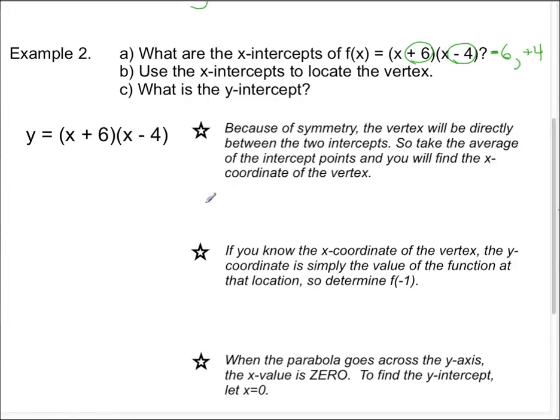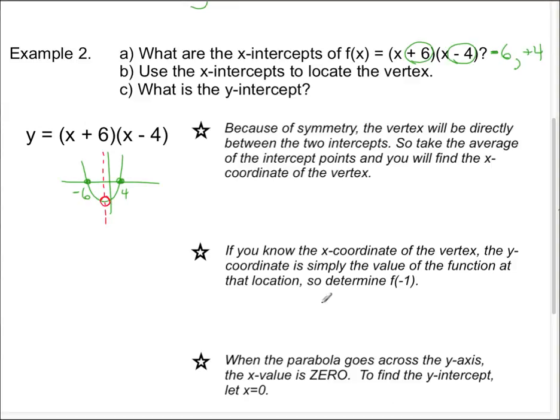Now I'm going to give you a little bit of information here. If I've got this parabola and I've got x-intercepts at here and at here, so let's say that's at -6 and +4, although it doesn't really look like it, the axis of symmetry, which goes right down the center through the vertex point, will be right smack dab in between those because of symmetry.